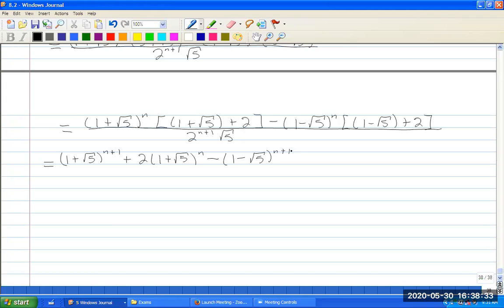I'm multiplying the negative of this, so I get a negative 2 times (1 minus rad 5) to the n, over 2 to the n plus 1 rad 5.